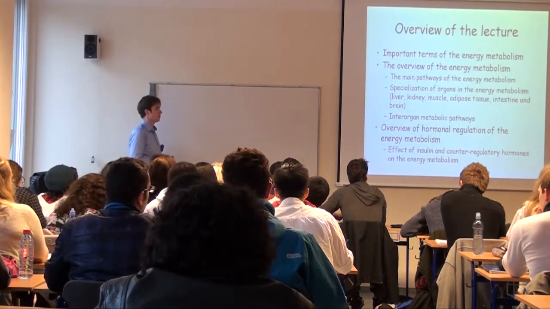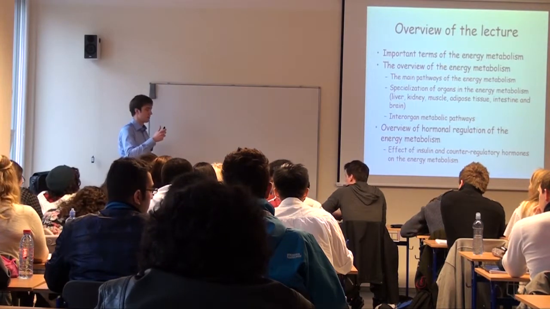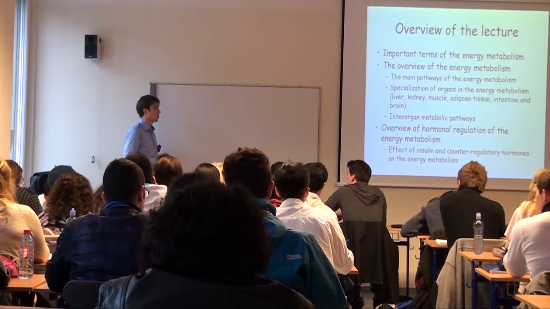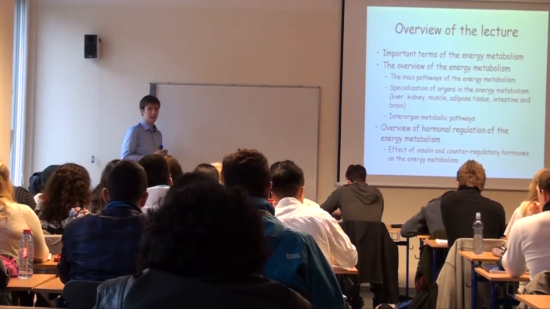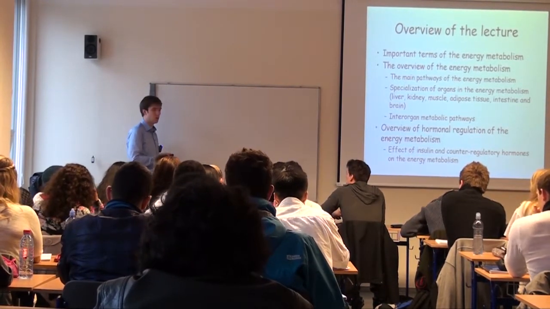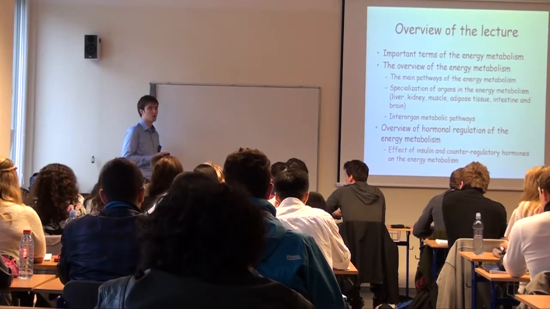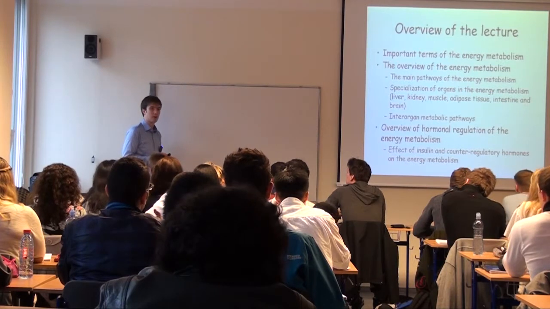Important terms to understand intermediary metabolism: to understand energy metabolism is to understand what anabolism and catabolism mean. What is an anabolic pathway, and what is a catabolic pathway? So what does anabolism, anabolic pathway mean?